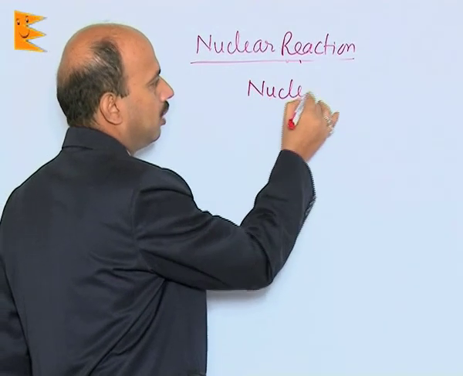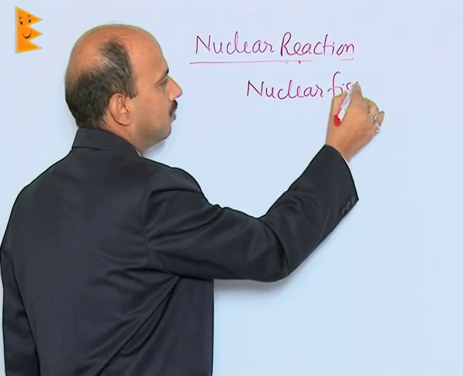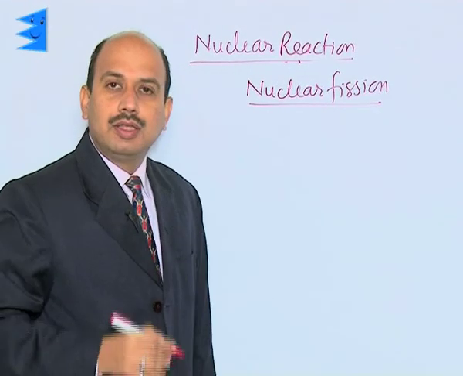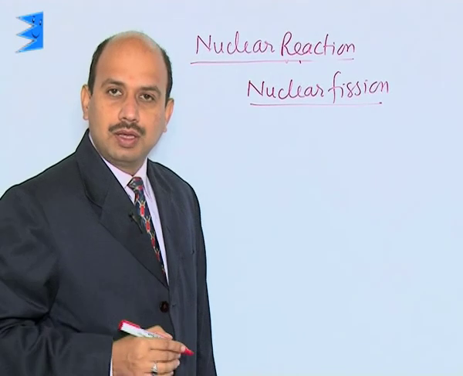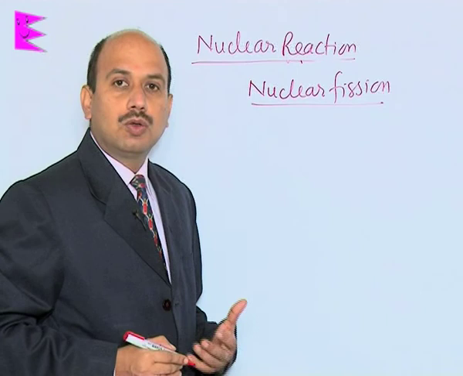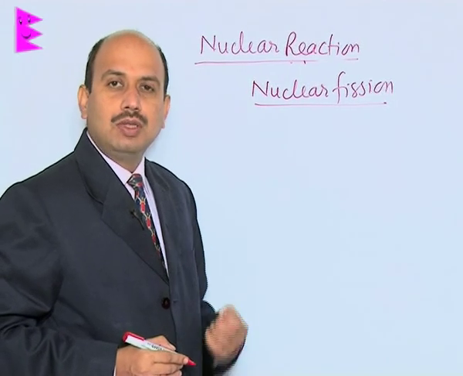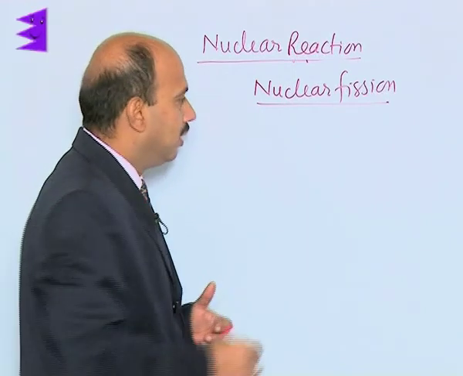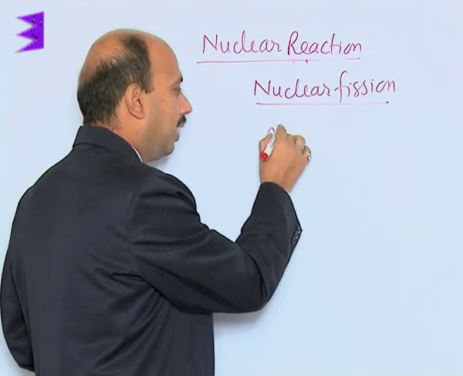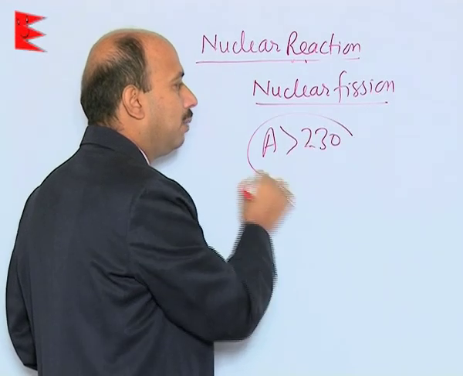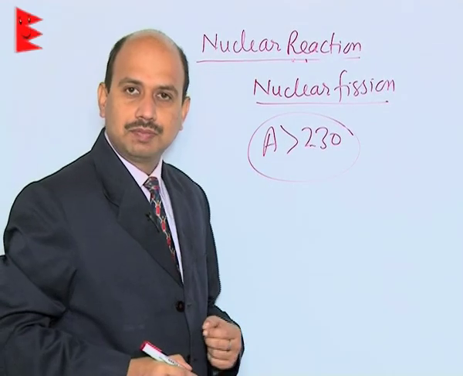So see here, in nuclear fission reaction, what happens? In this reaction, a big nucleus takes part in the reaction and it breaks into two middleweight nuclei. In the binding energy per nucleon curve, we have seen the atoms which have mass number greater than 230 can take part in the nuclear fission reaction.